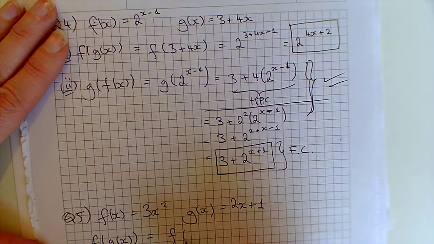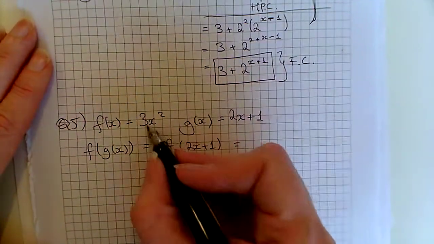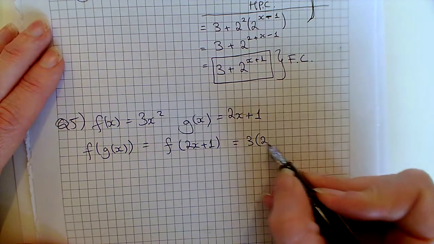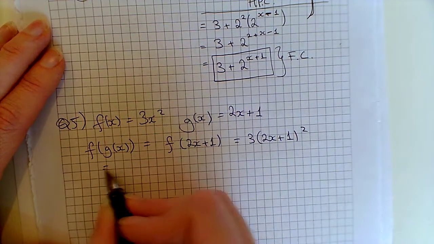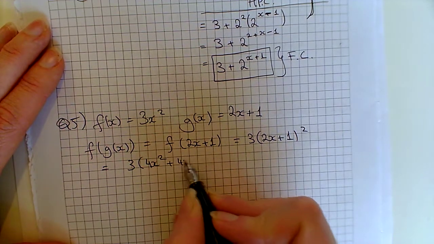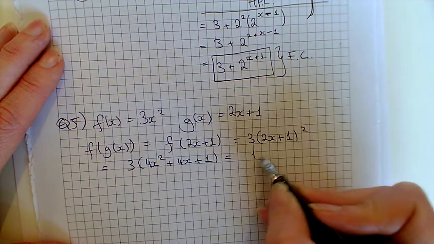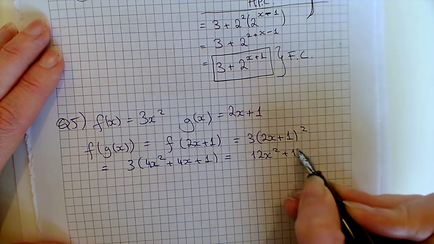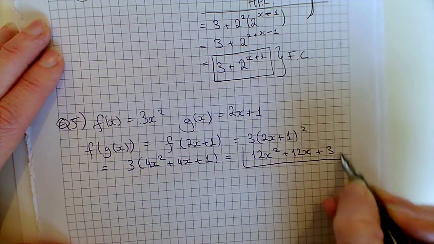So that is f of 2x plus 1, which means we're replacing the x in the f formula with 2x plus 1. So I square out my brackets. That gives me 3 by 4x squared plus 4x plus 1. Multiply that all the way out. 12x squared plus 12x plus 3. Okay, so that's the answer to part 1.